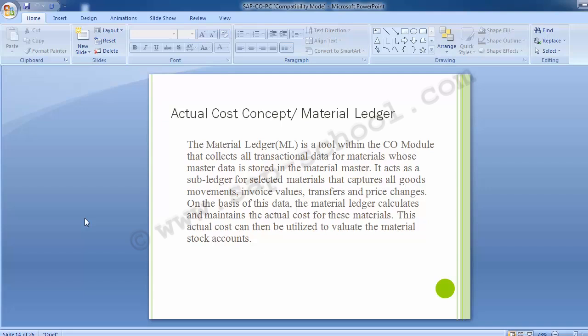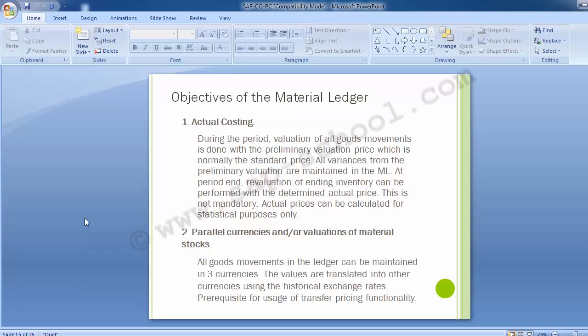So this is a very important part for calculating the actual cost of the product manufactured in any manufacturing concern. The objectives of the material ledger: first, the actual costing. During the period, valuations of all goods movements are done with the preliminary valuation price, which is normally known as the standard price, which is maintained in the material master data.